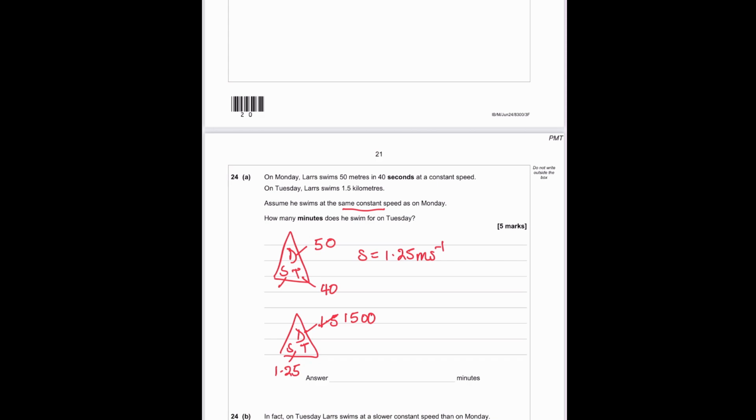So his time is going to be 1,500 divided by 1.25, which gives me 1,200 seconds. Now they want the answer in minutes. So I'm going to divide that by 60 to get seconds to minutes. 1,200 divided by 60 gives me 20 minutes.